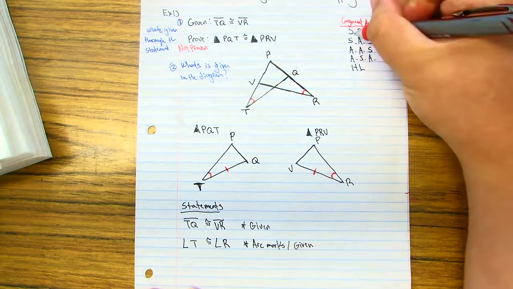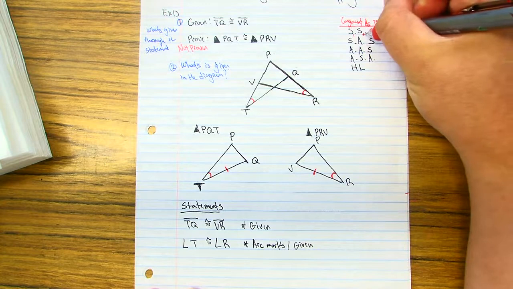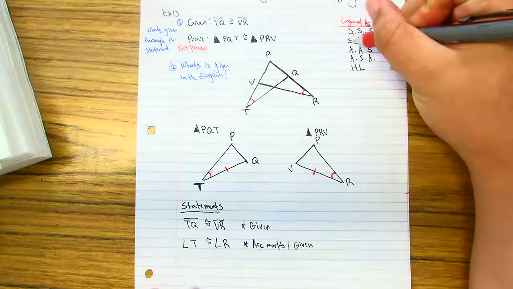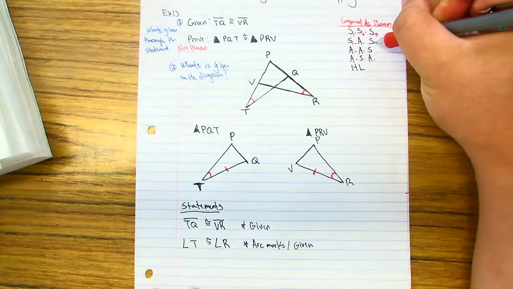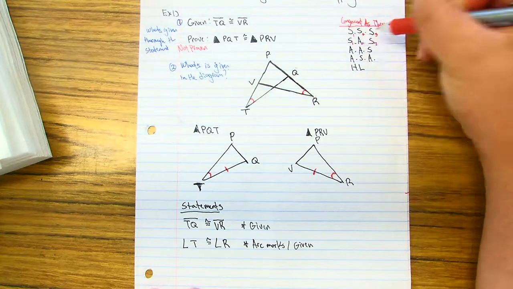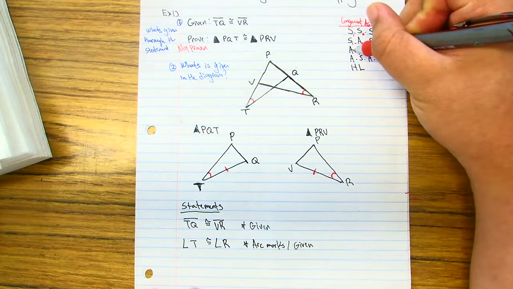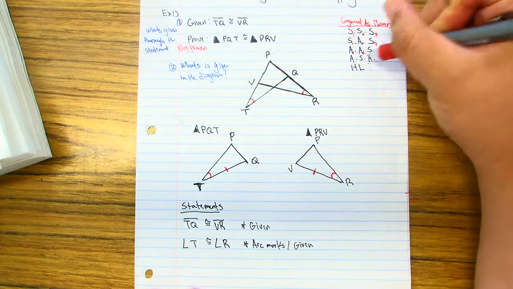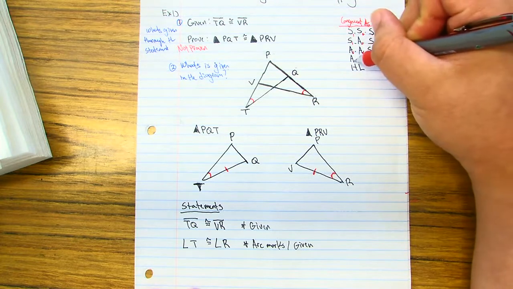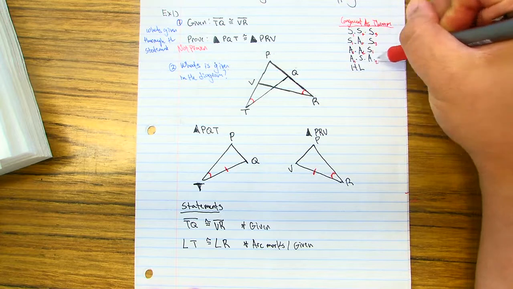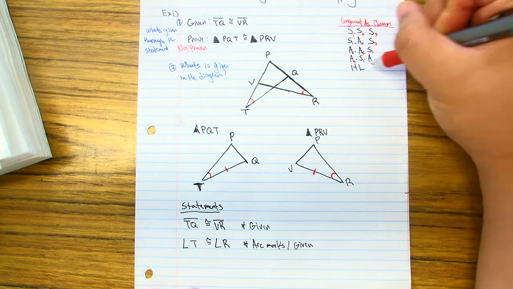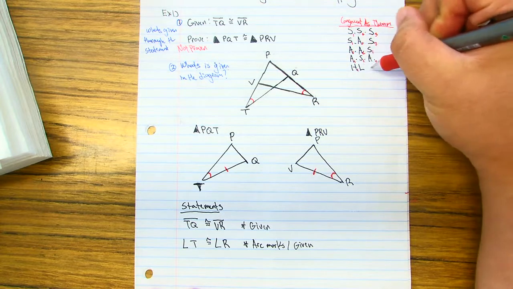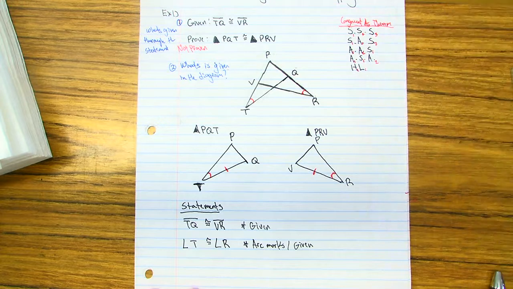You have three pairs, one pair, second pair, third pair. Here you have two pairs of sides with an angle between those two sides. And here you have two pairs of congruent angles and one pair of congruent sides. Here you have two pairs of congruent angles and a congruent side in between them. Or you need a hypotenuse and a leg that are congruent to prove that two triangles are congruent.